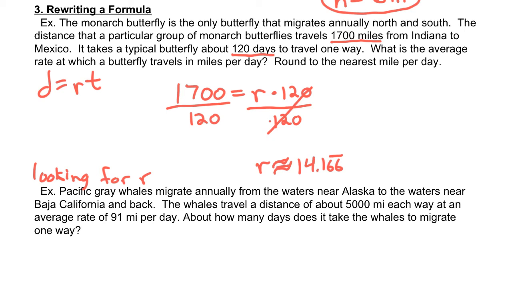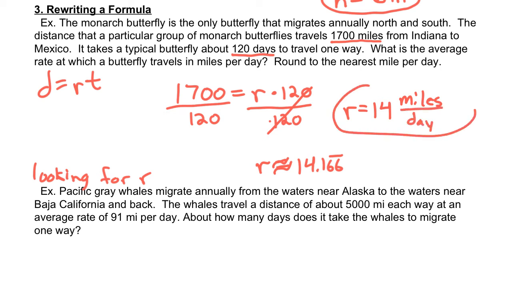So I would say the rate is about, rounding to the nearest whole number, 14 miles per day. That's the rate those butterflies are traveling at. So it's setting up the equation, which I gave you, and then solving that equation for the variable.